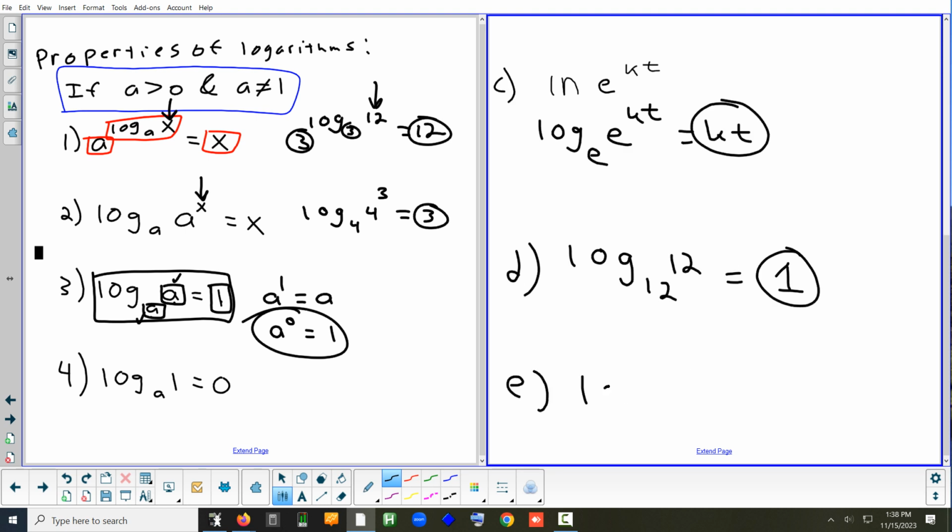And then if we did one like log base 4 of 1, that's basically saying 4 raised to what power gives you the number 1? 0. And it wouldn't have mattered if this base was a 4, a 5, or a 13.2. The answer would have always been 0 when you take the log of 1. Okay, any questions on those properties?